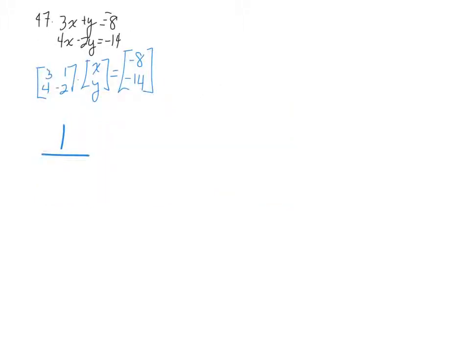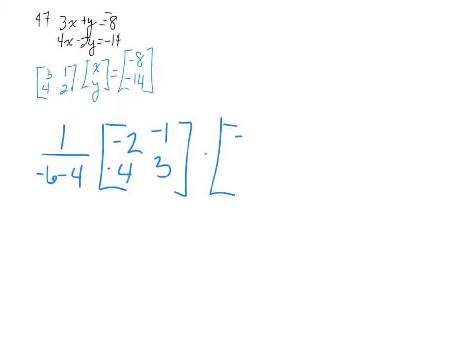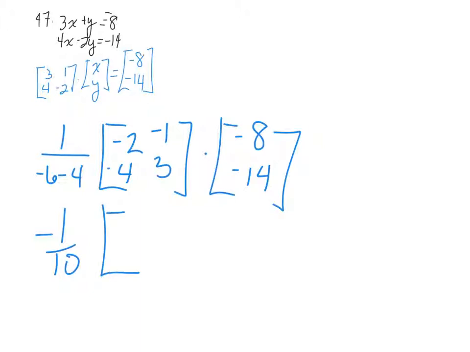I've got 1 over -6 minus 4 times do-si-do, change signs, and my constants. I'm going to have a -1/10 to distribute through when I'm done, but that's not bad. So we go row by column. I've got -2 times -8, 16, plus 14, 32, minus 42.